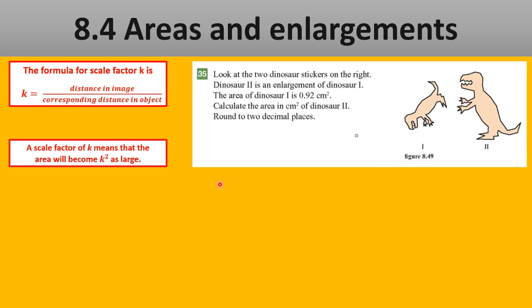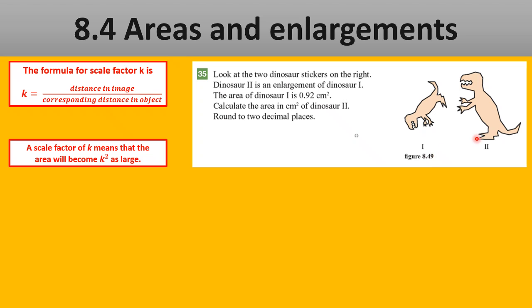We don't know the scale factor yet from this object to this image, but we can use our knowledge of 8.3 to calculate that, because we can take the distance in an image and divide it by the corresponding distance in an object.